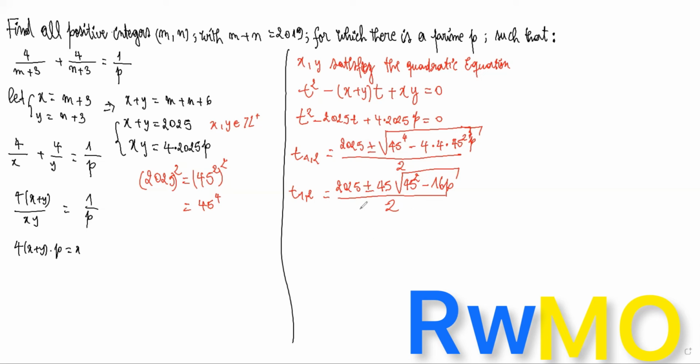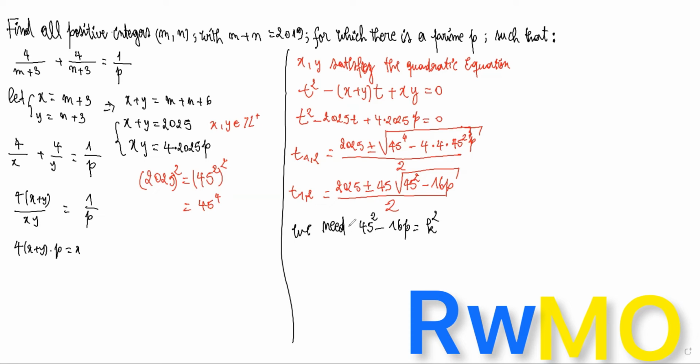And for it to have integer solutions, we first need the expression under the square root to be a perfect square. So I need 45 squared minus 16p to be k squared, a perfect square. So this is what we need.